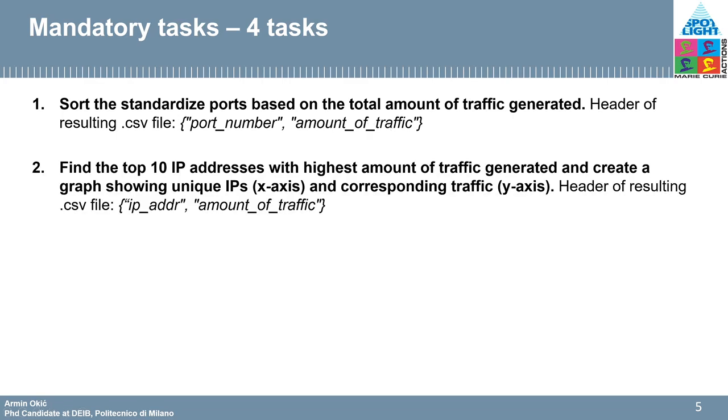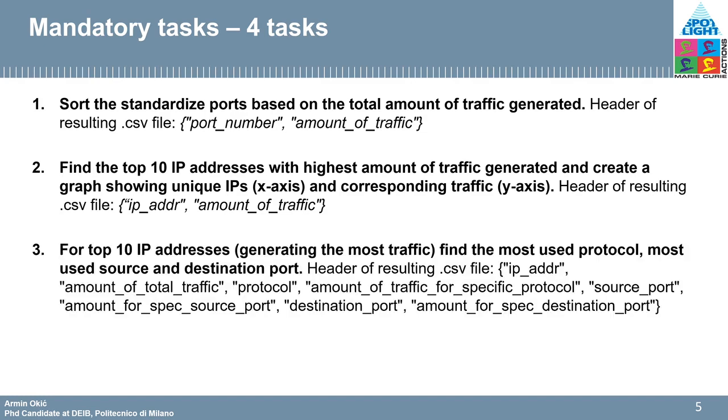The second task is to find the top 10 IP addresses with the highest amount of traffic generated, and to create a graph showing unique IPs and corresponding traffic. The third task is more complex because it contains a lot of things to do.